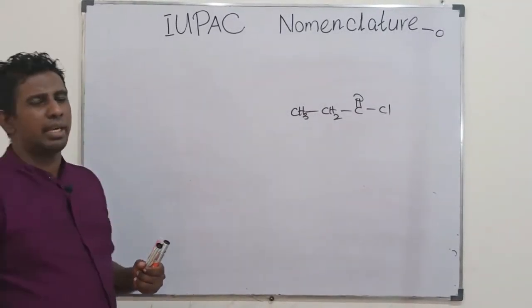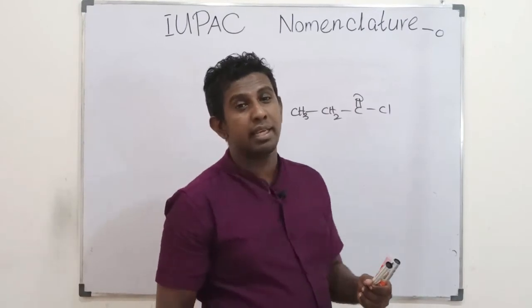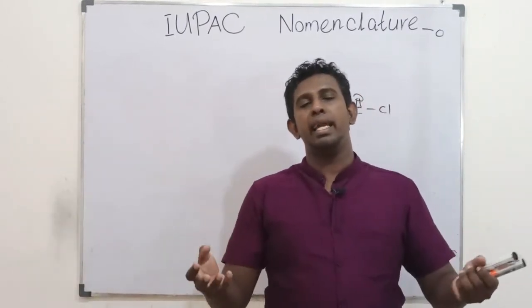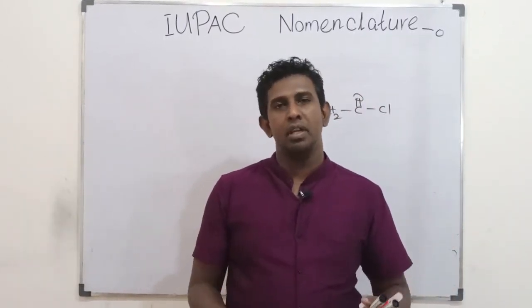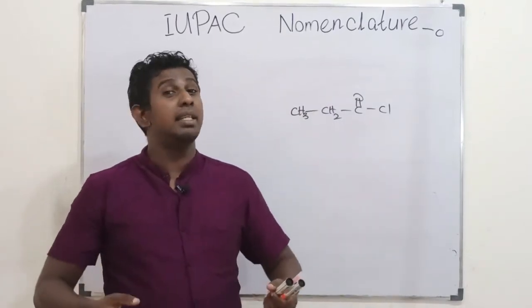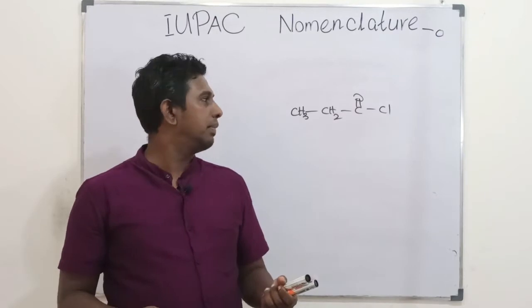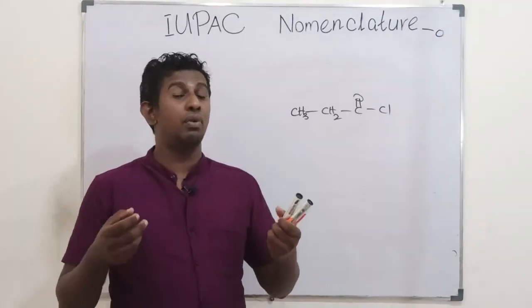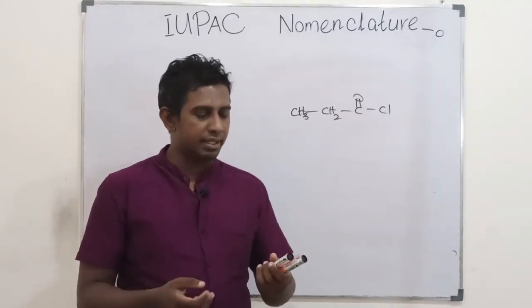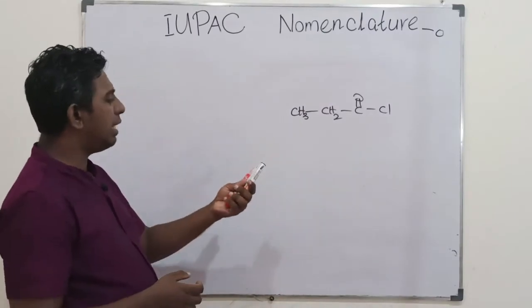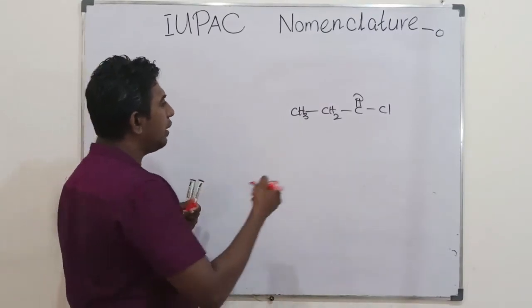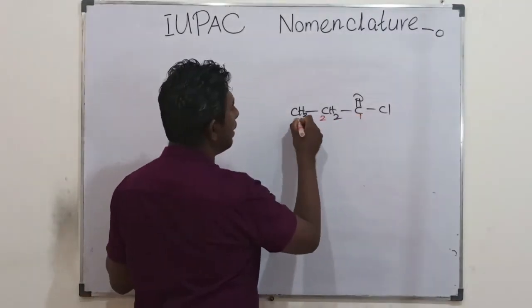Acid chlorides are given the suffix oyl halide, oyl chloride. The prefix given when it is a subfunctional group is haloformyl: chloroformyl, fluoroformyl, bromoformyl, such. So here it is the main functional group, so we need to number the chain like this.